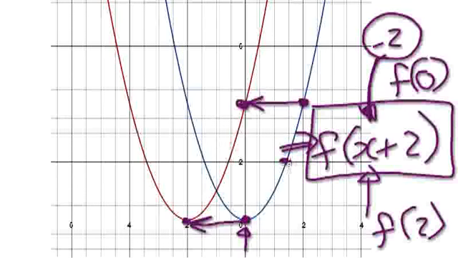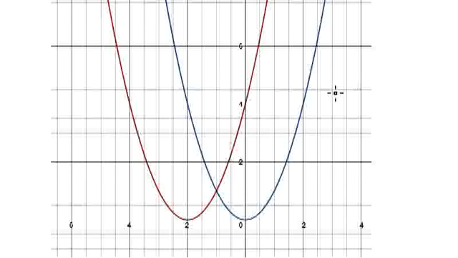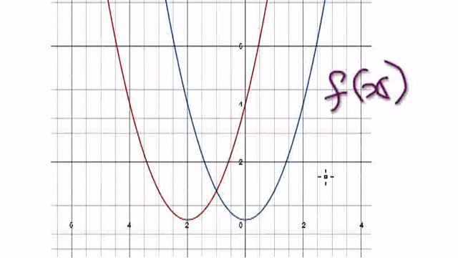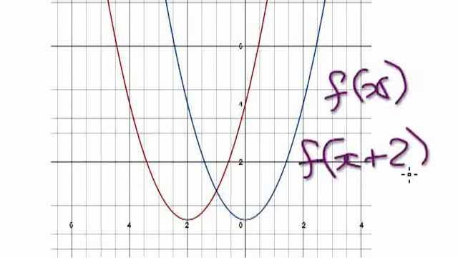My point is that everything gets shifted across by 2 here. So it was here, and then it gets shifted across by 2. What I'm trying to illustrate is that if you have f of x and you want to investigate f of x plus 2, when you have plus 2, it gets shifted over by 2.